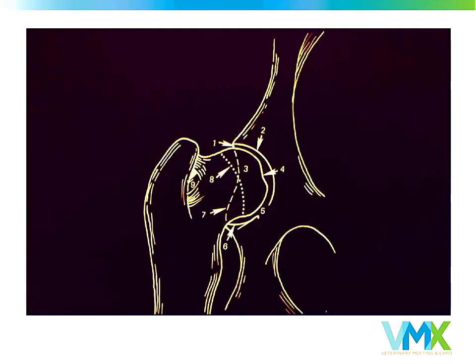The second one is number 7, this hash mark. A lot of veterinarians and owners will mistakenly identify percent coverage of the femoral head within the acetabulum by drawing a line from the cranial tip of the acetabulum here to the caudal tip of the acetabulum, and figuring that portion of the femoral head that's within that line is the percent coverage, and that's not the case.